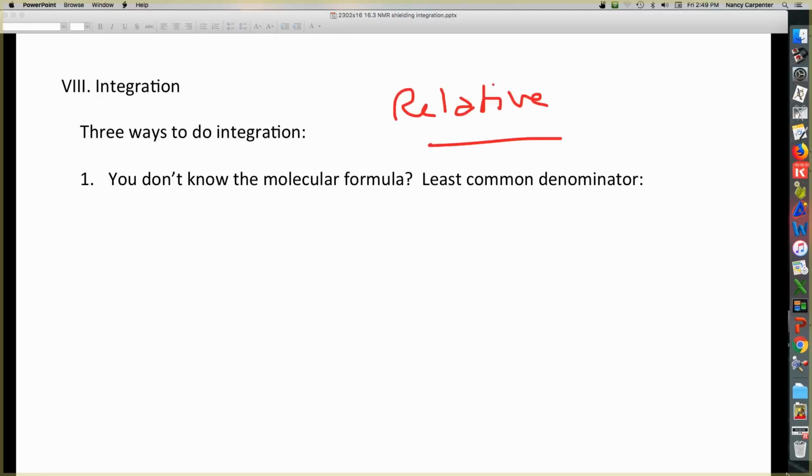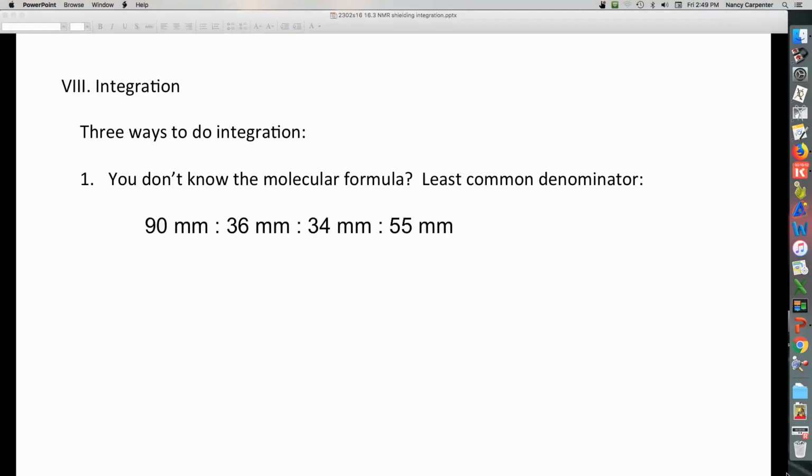All right, so I get an NMR, I have an integration, what do I do with it? Well, if you get an integration and you have no idea what your sample's molecular formula is, then you have to use the method of the least common denominator.